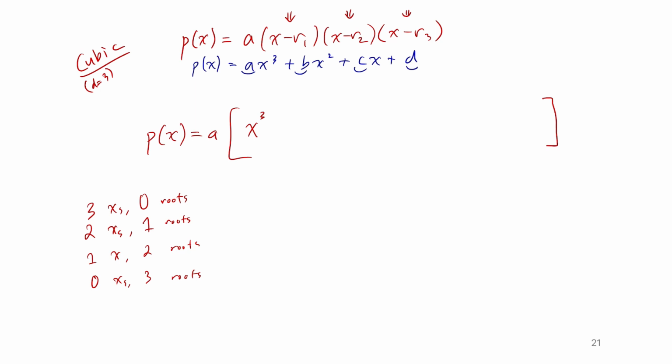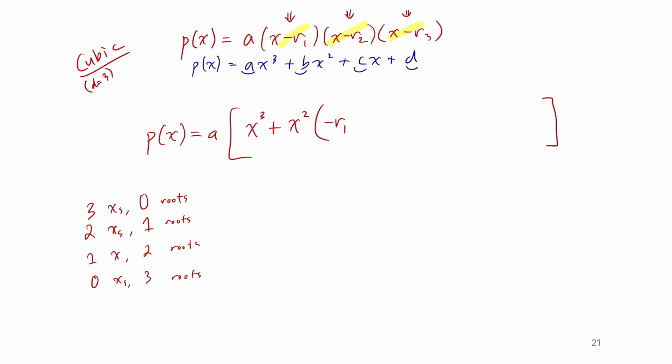Then the next case, we'll be multiplying 2 x's and 1 of the roots. So I know whatever I get will be plus x squared times something. Because I'm multiplying 2 of the x's and something else. Right? If I multiply the x's from the last 2 parentheses and the root from the first one, I'll get negative r1.